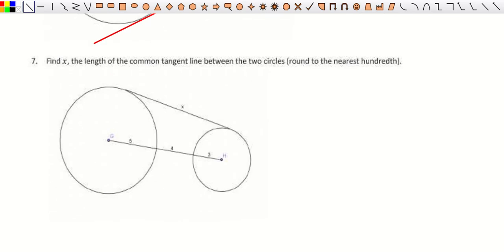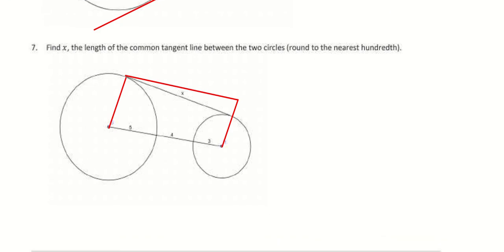What they essentially want you to do is draw a rectangle here, or a parallelogram at least, and actually it would be a rectangle because it's got a 90-degree angle here, so you can figure out what the measure is. So you can see right here is 5, 4, and 3.